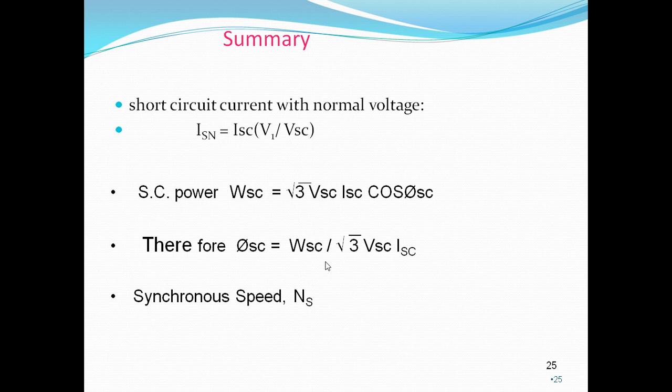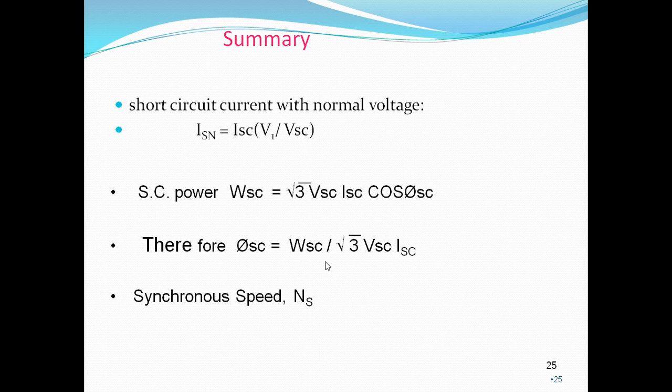Next, slip is equal to rotor copper losses by rotor input, so that is Ts by Ps. That is 0.4 divided by 3.4, which gives the slip.